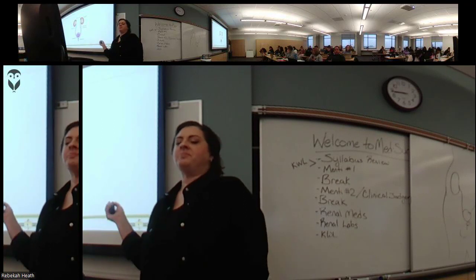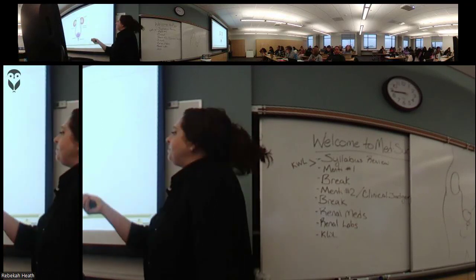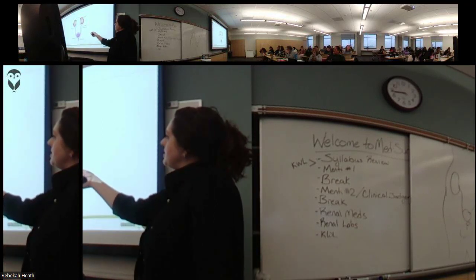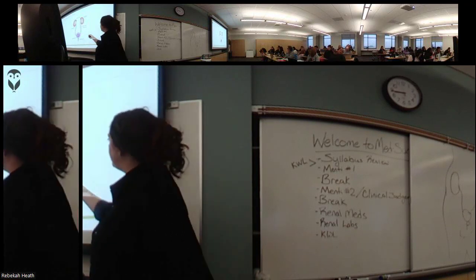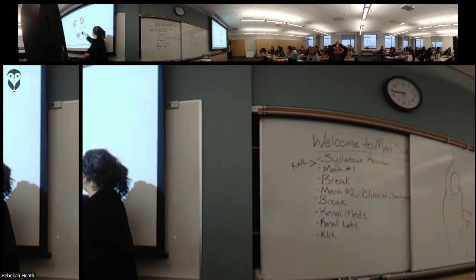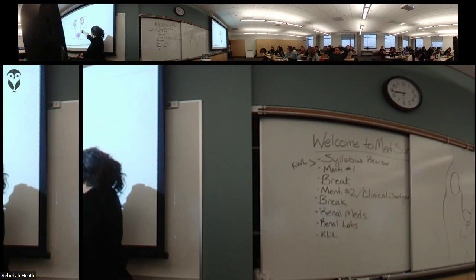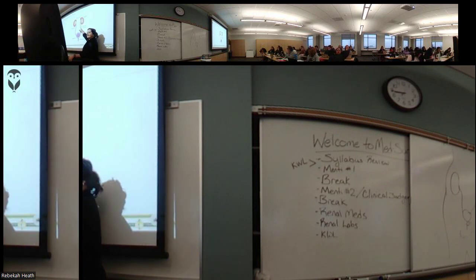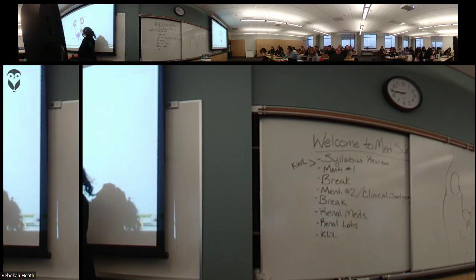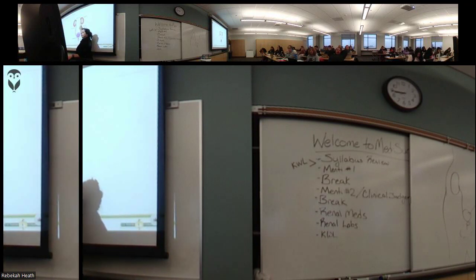So here is a picture of where you have some stones up in the kidney. And here, see where this ureteral stone is blocking everything? See how this is backing up, getting bigger?